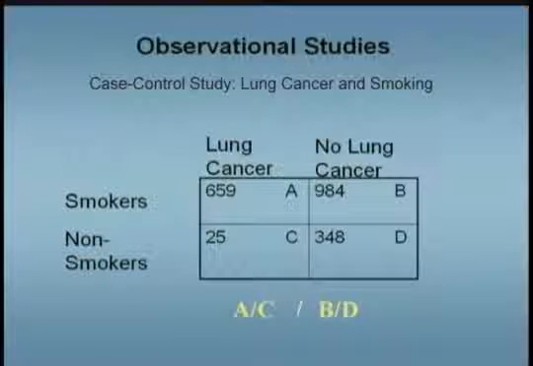So you're in luck, because by the magic of algebraic transformation, we're able to take this, let's call it the definition formula, and convert it into a much easier to use computational formula, namely AD divided by BC, and that's the formula to memorize and learn. AD divided by BC is your formula for doing the case control analysis, which we call odds ratio.